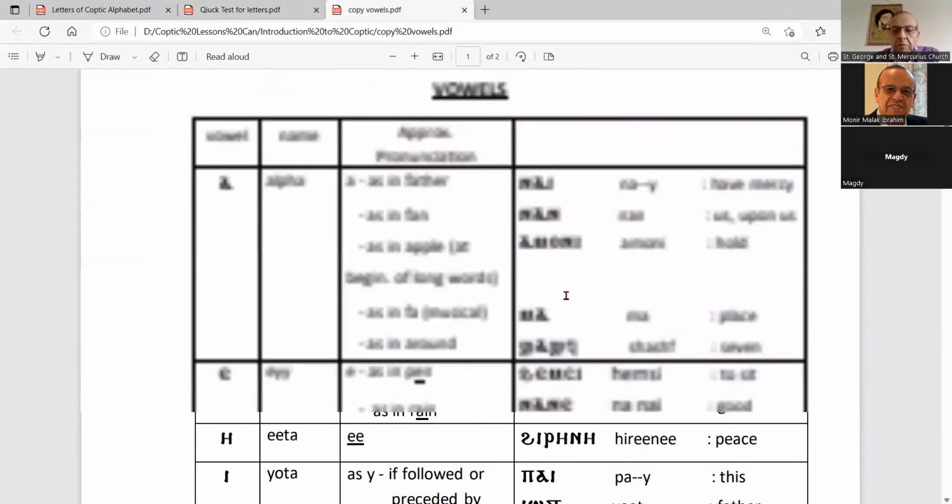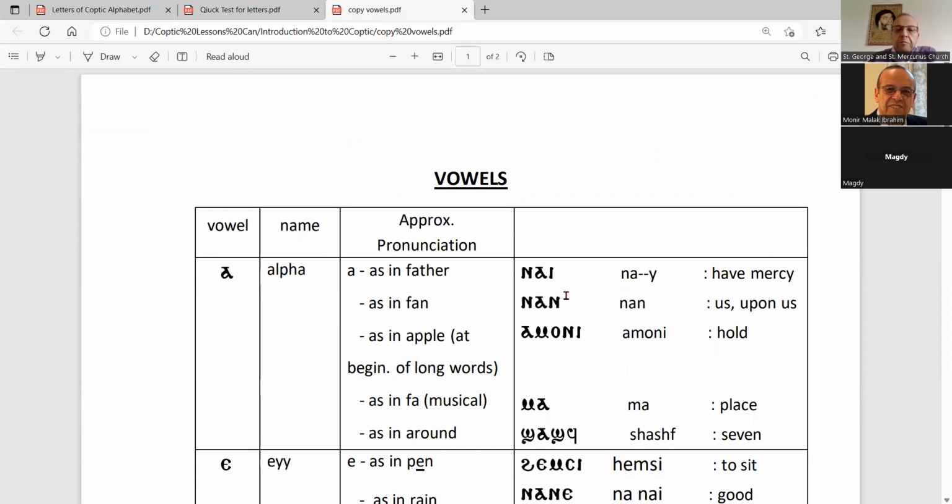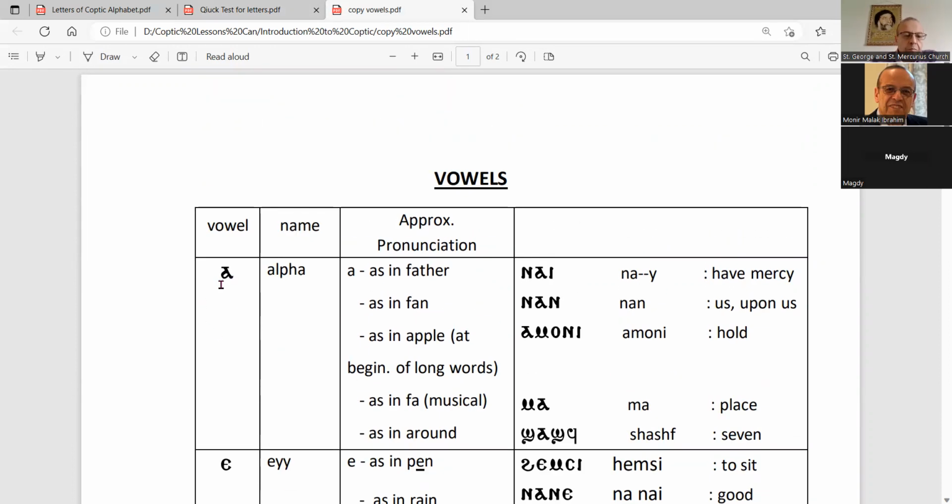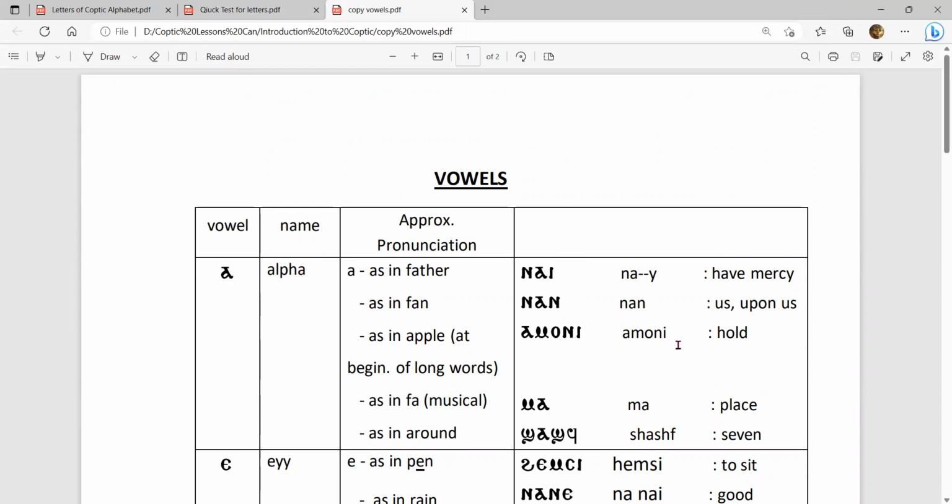Do we have it on the screen? Okay, yes. I'm going to give here some pronunciation. I have made here this sheet of four columns.